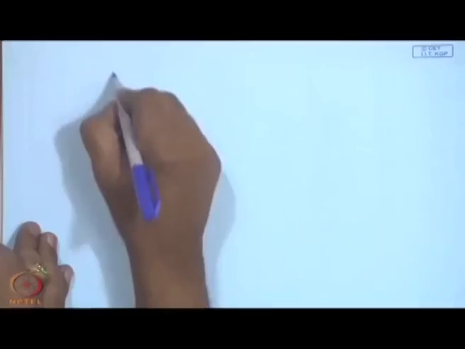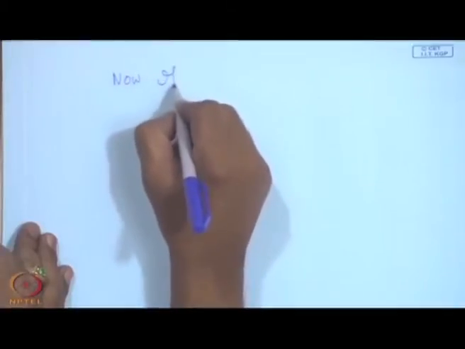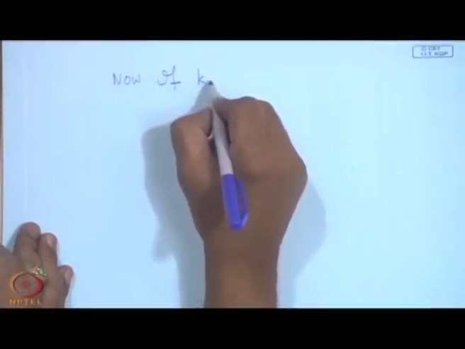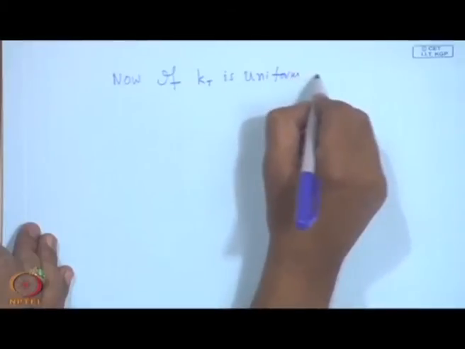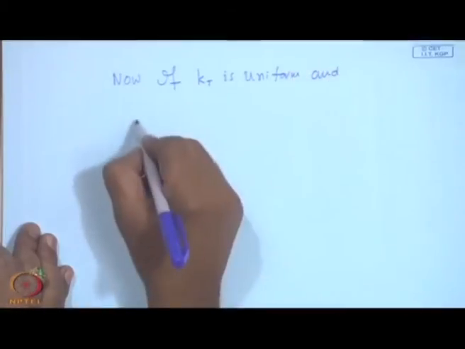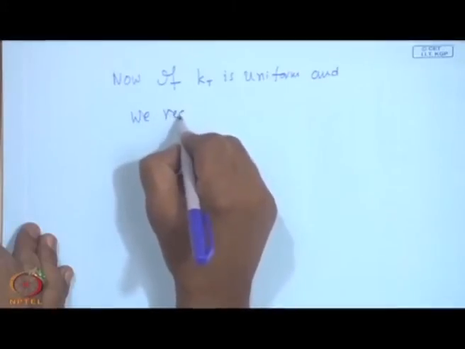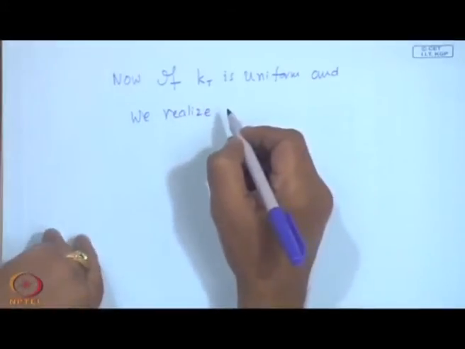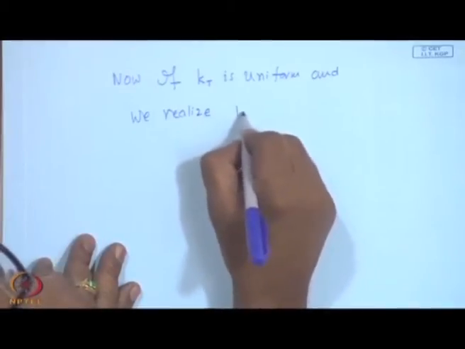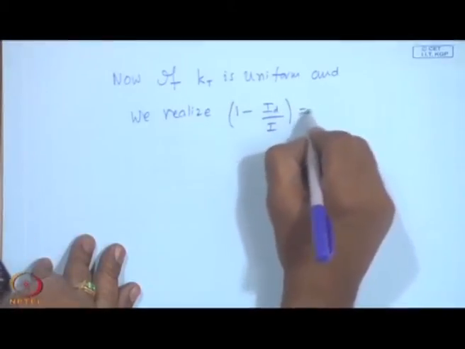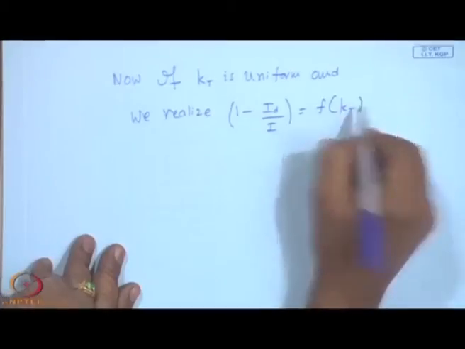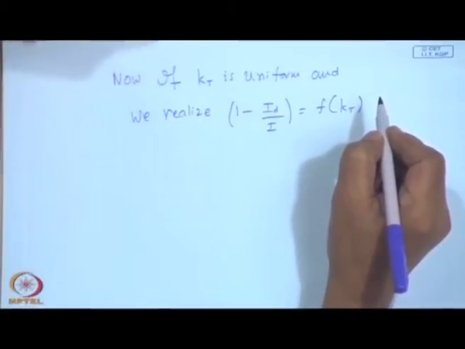So, now if k t is uniform, we realize that I d by I is some function of clearness index, because all I d by I correlations and H d by H correlations are just functions of k t mainly.